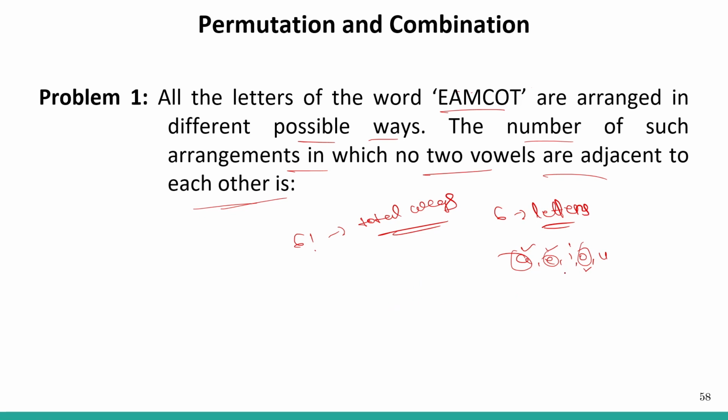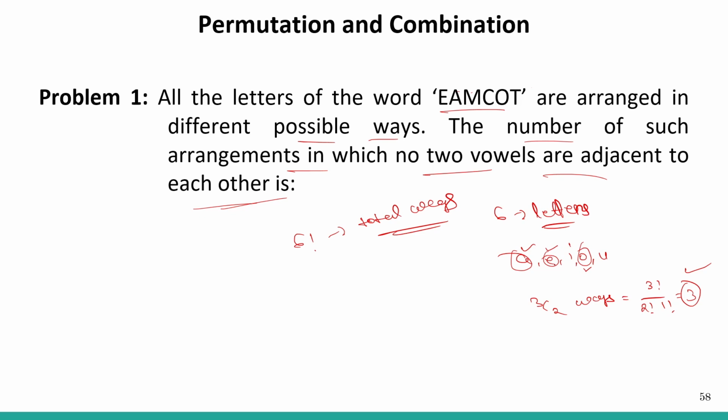First you have to choose 2 vowels from the 3. That can be done in 3C2 ways, which is equal to 3 factorial by 2 factorial into 1 factorial. It will be 3 ways for choosing 2 from these 3.